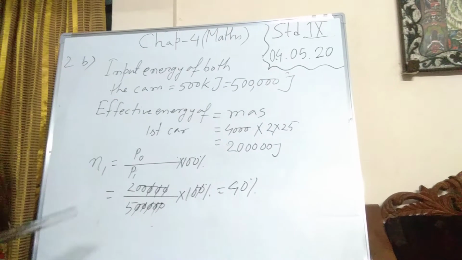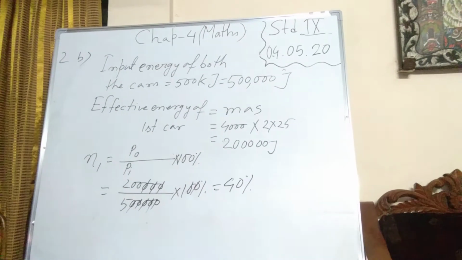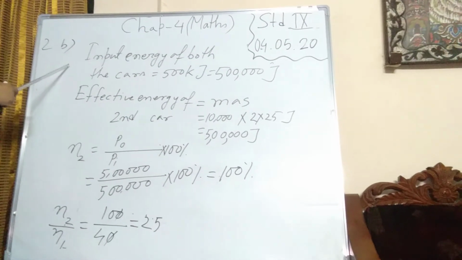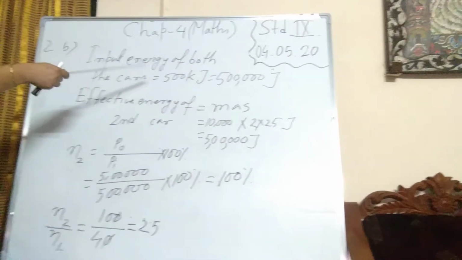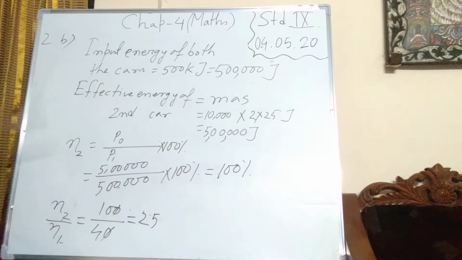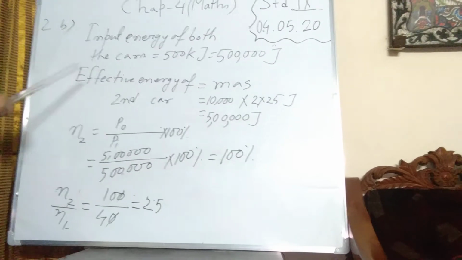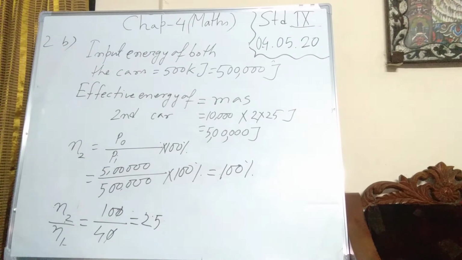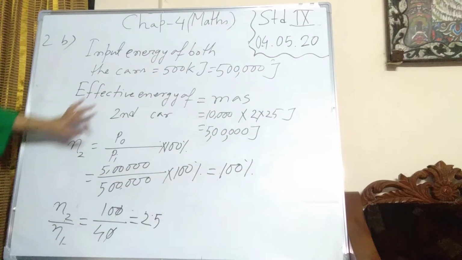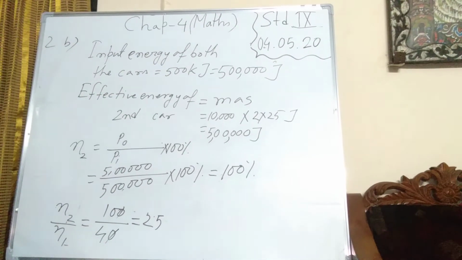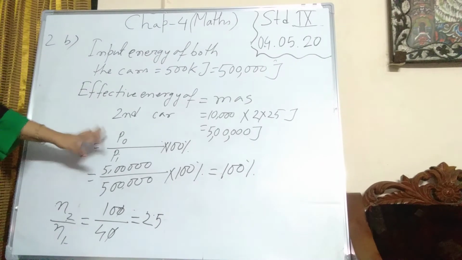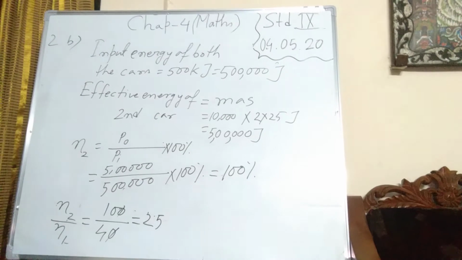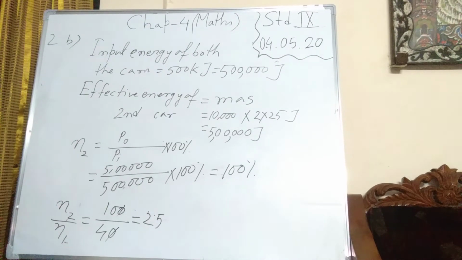So let's find out the efficiency of the second car and then compare both. Here students, the input energy of both the cars is 500 kilojoule. I have already told you. Now we will find out the effective energy of the second car, and also the efficiency. For finding out efficiency, we need the effective energy of the second car, because, mistakenly I have written P here, but it will be E, everybody.